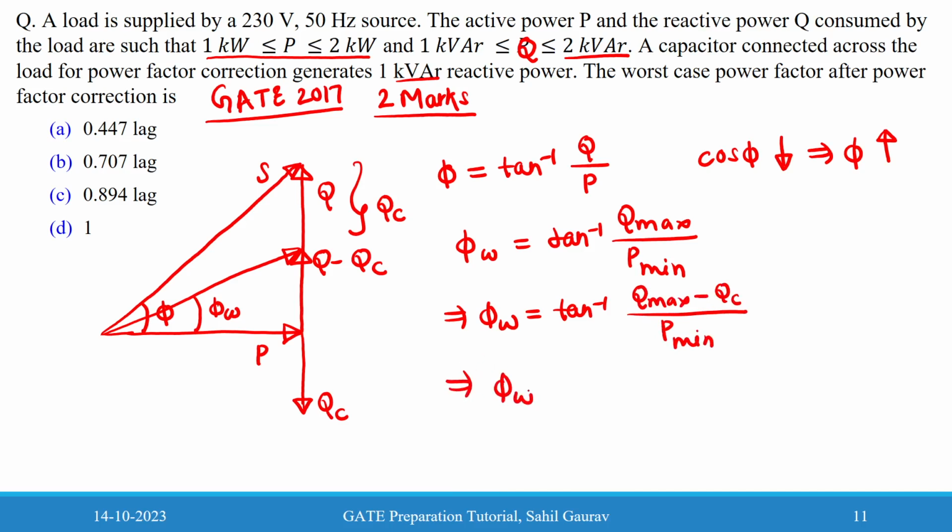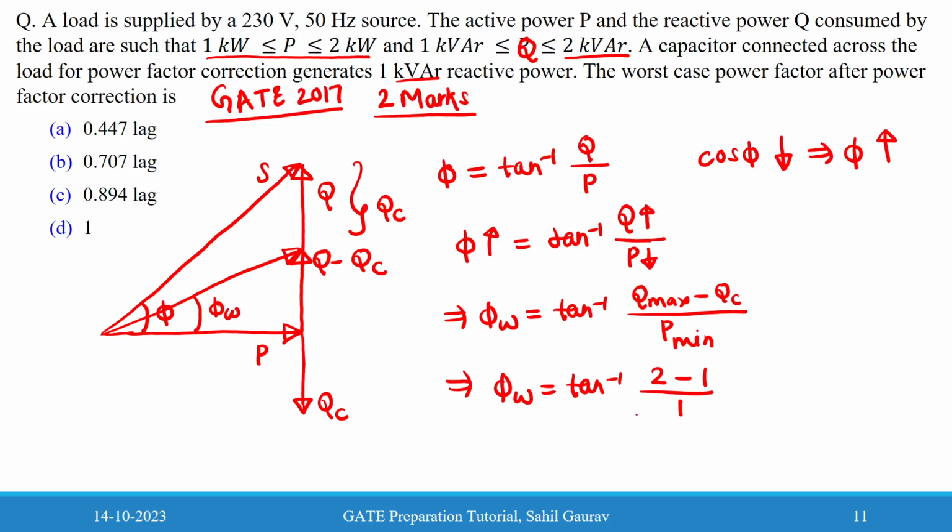Therefore, phi W will be tan inverse of (Q max is 2, QC is 1, P minimum is 1 kilowatt). So if we want phi to be more, then Q should be more and P should be minimum.